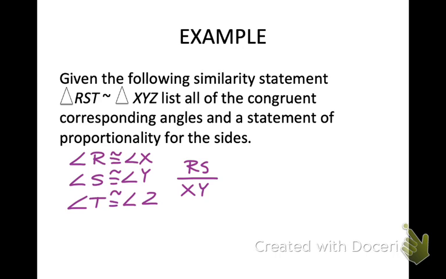It's just now you're writing it as a ratio because they're proportional. Which should be equal to ST would match up with YZ. And then what's the last side that I'd be missing? I have RS, I have ST, so the third side would be RT. Good. RT and XZ.